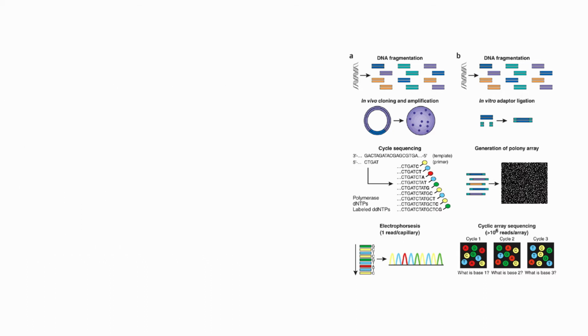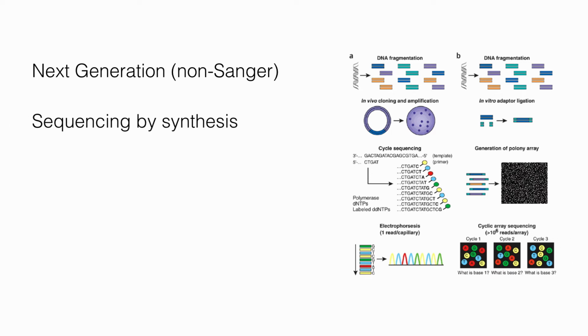The term next-generation sequencing, or simply NGS, refers to non-Sanger-based high-throughput DNA sequencing technologies. Most of the NGS involves sequencing by synthesis on a single short-strand template attached to a surface or bead. In the figure, you can see a slide with millions of dots representing attached fragments.